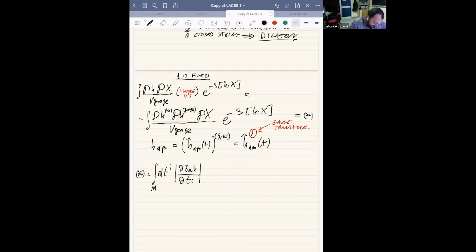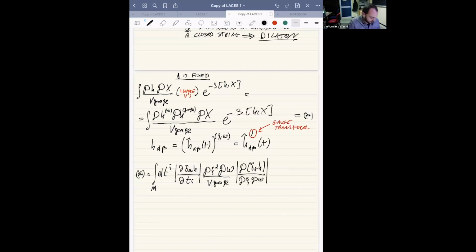And so I just have to take care, of course, of the change of variable. That's the only thing that I have to do. V gauge and the gauge h over, let's say, the xi, the w.